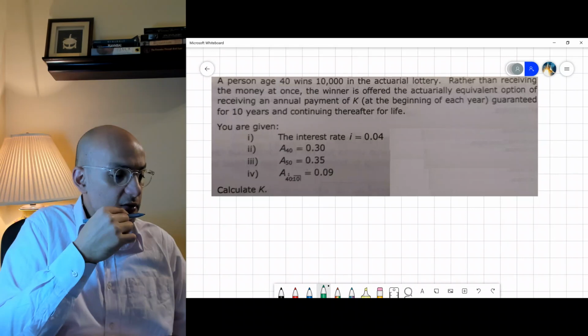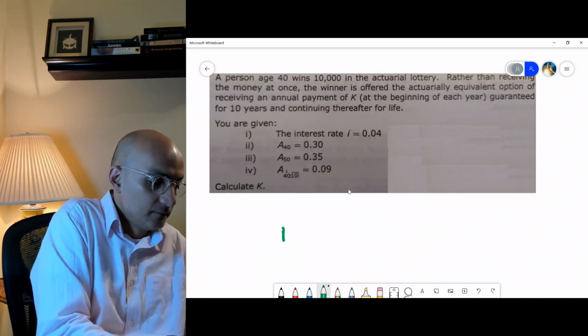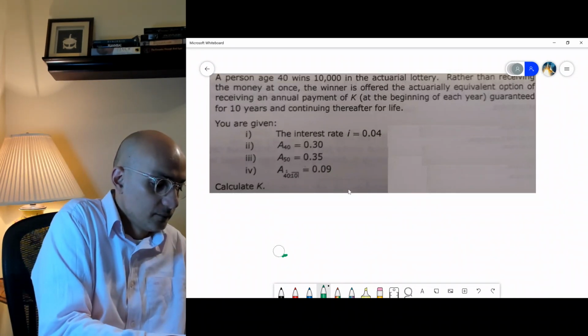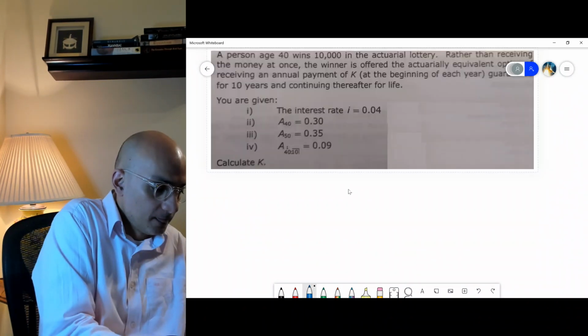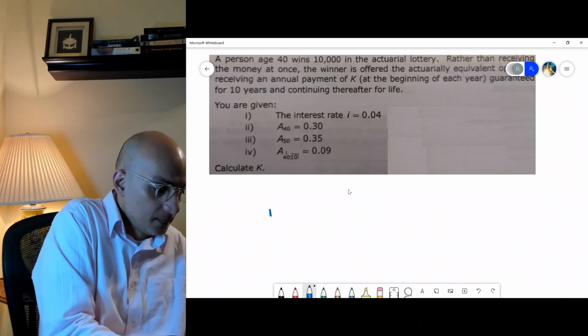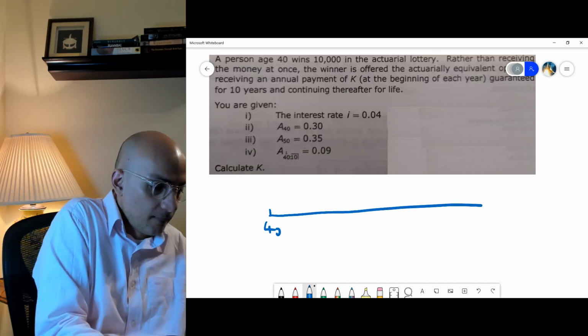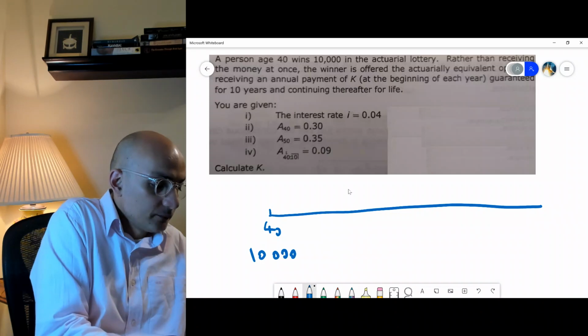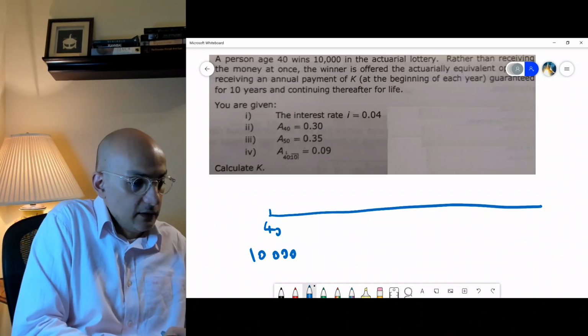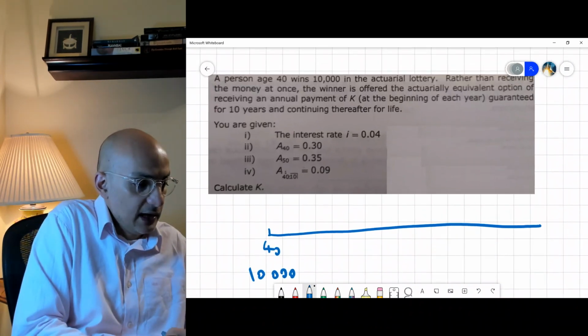So we have somebody age 40. Won $10,000, and this is an actuarial lottery that can be received.